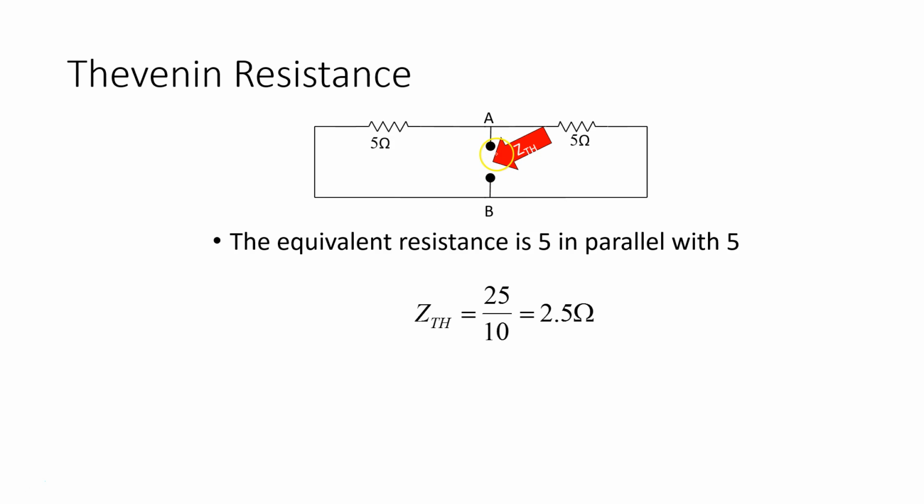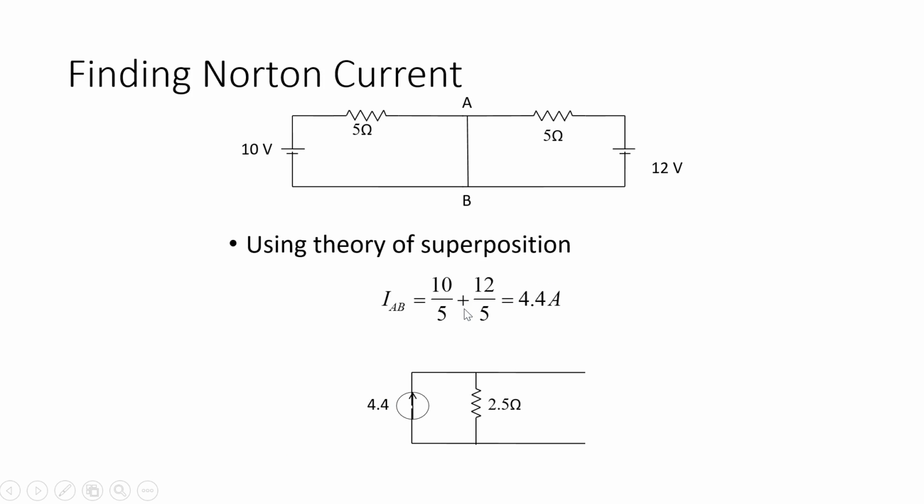I look in, and again we could redraw the circuit here, A, B, and I see that this component is connected between A and B, and this component is also connected between A and B. So I can see that they're in parallel. Now I can find my equivalent resistance, which is 2.5 ohms.